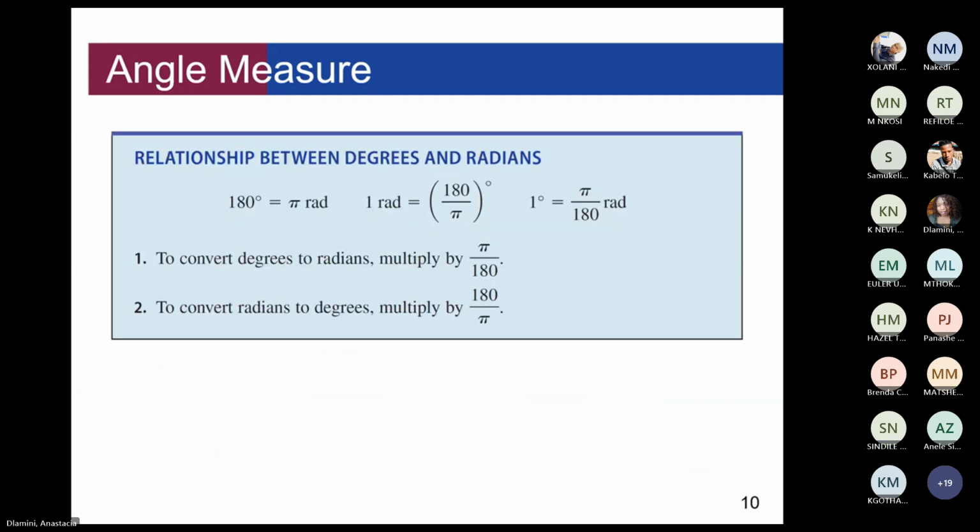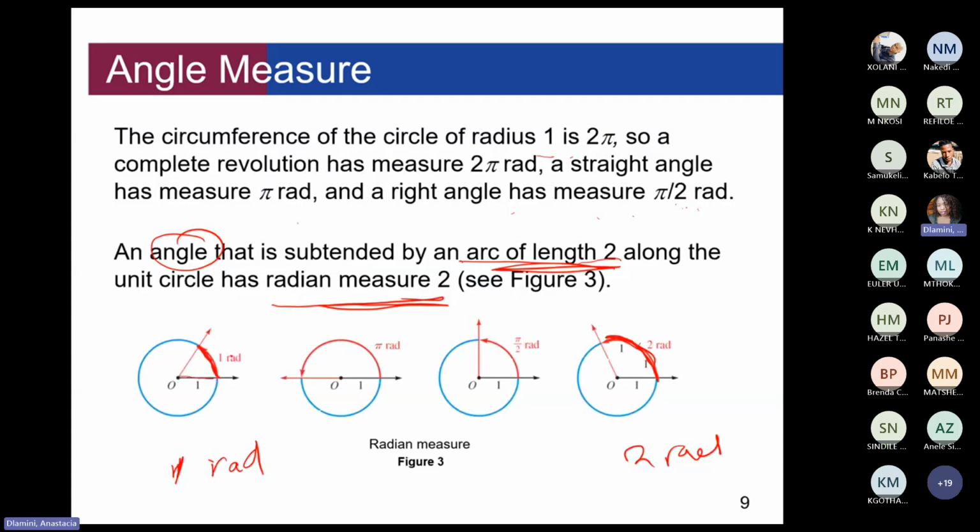From the origin to the circle, that's the radius. And from the red point, this is also 1. So that's the radius as well. It's the same length as the radius, but on the arc.